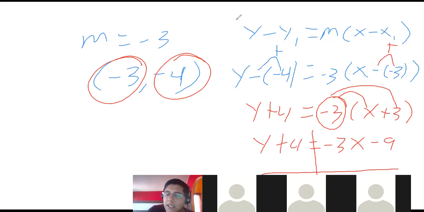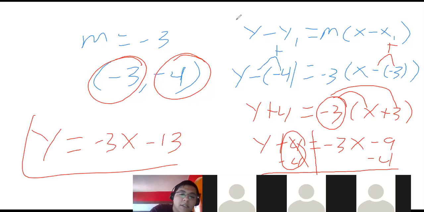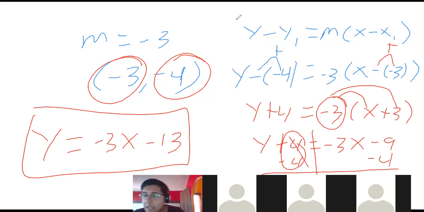What do we do to leave the y by itself? We subtract 4 on both sides. That cancels out, and we're left with y equals -3x, and then -9 minus 4, which gives us -13. Yes, good.